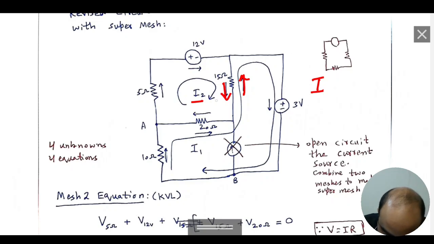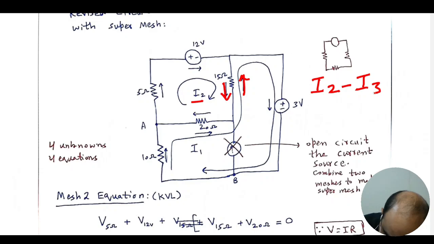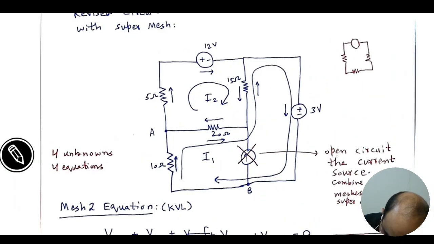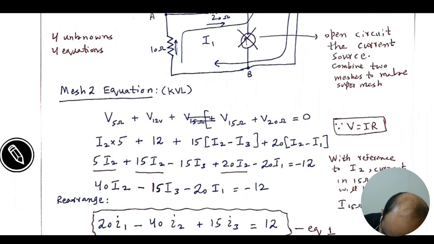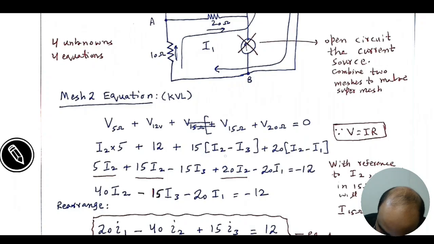So you can assume that I2 is greater than the adjacent loop current. Hence, we will write I2 minus I3. So this current will be flowing through this 15 ohm resistance. Here I have written 15 into I2 minus I3. 15 is the resistance and this is the current flowing through this resistance.